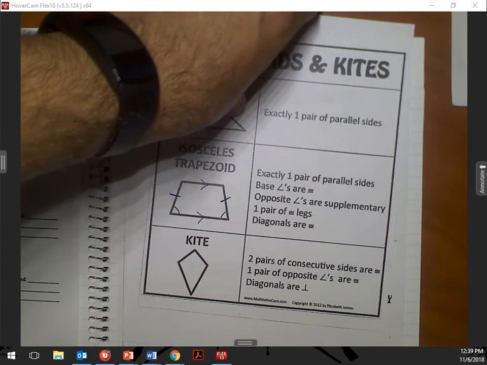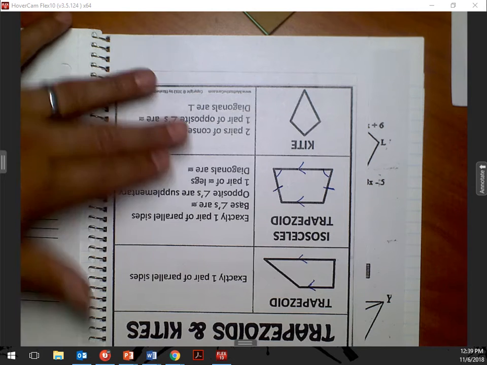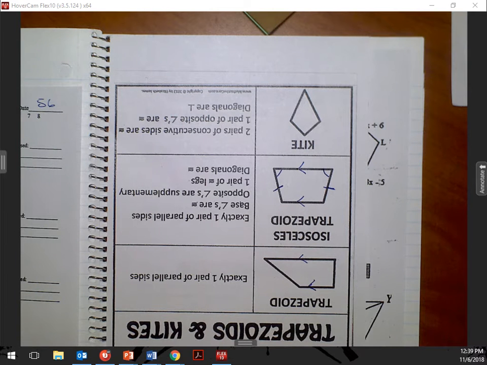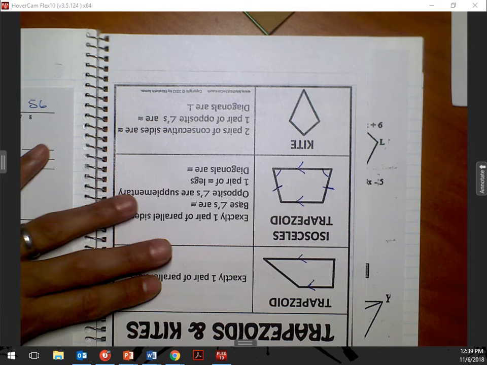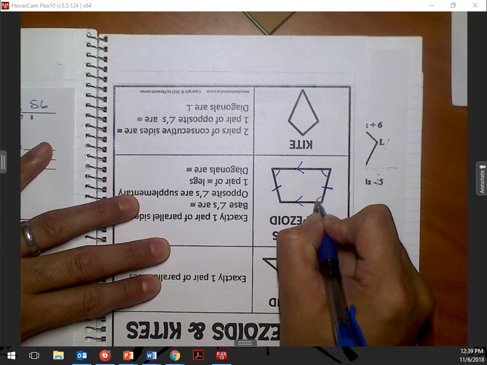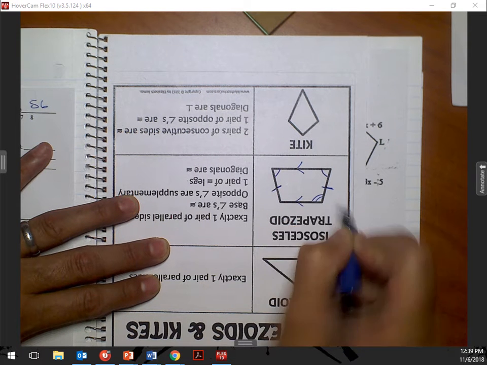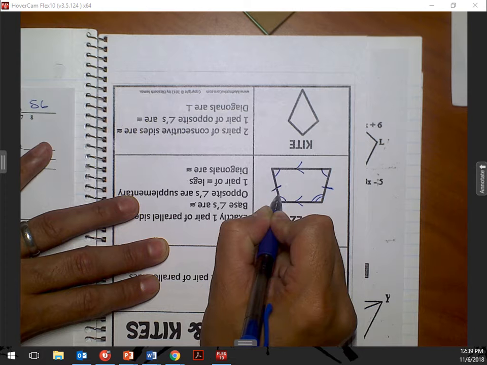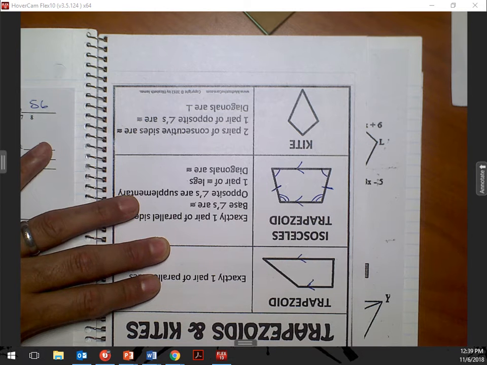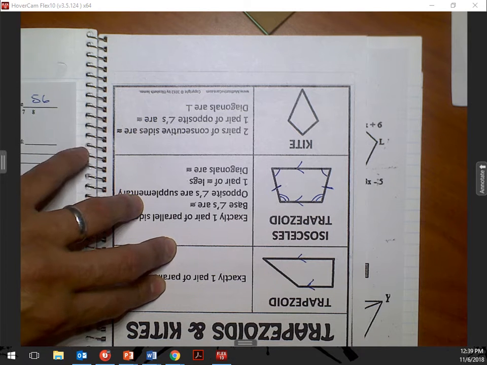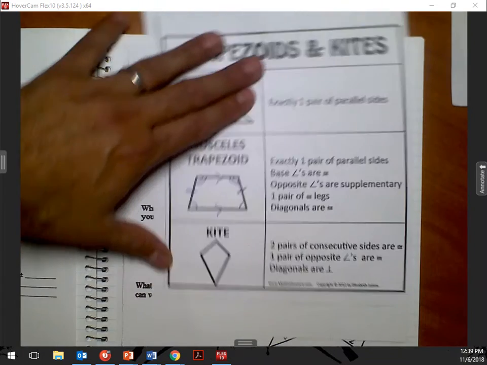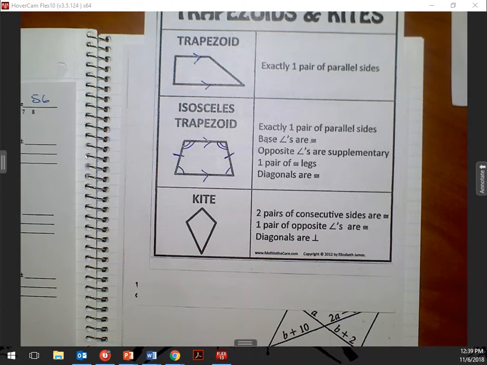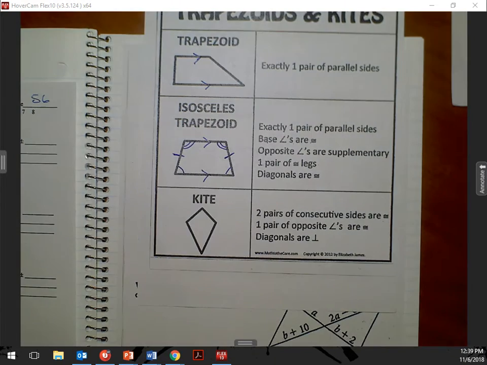Now, also, I'm going to do something weird. Is that still an isosceles trapezoid? Yes. It still is. Now, the base angles are still going to be congruent, right? So that means that these ones will be congruent. Now, given that much information right there, and it says opposite angles are supplementary, right?